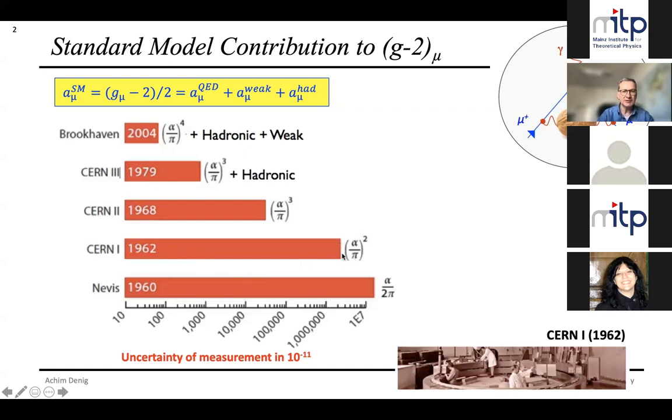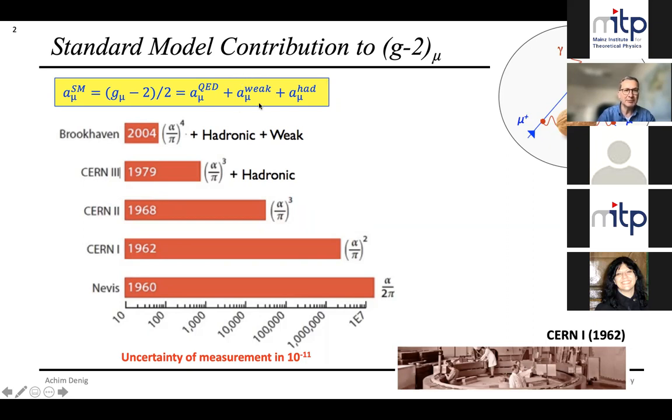And in each step, higher order corrections, first QED corrections, could be resolved by comparing a precise measurement with the prediction within the standard model. The third CERN experiment, at the end of the 70s, was for the first time able to resolve the hadronic corrections here. And the next generation experiment in Brookhaven was constructed in order to resolve the weak interaction contribution.